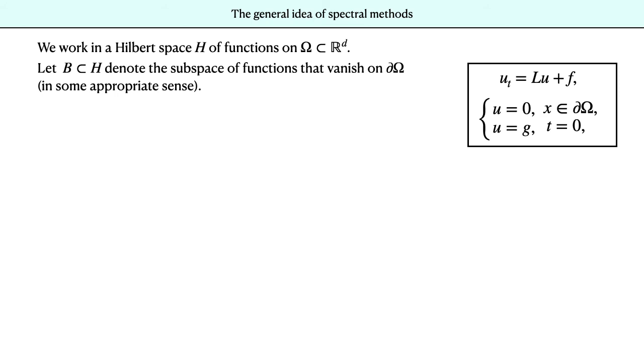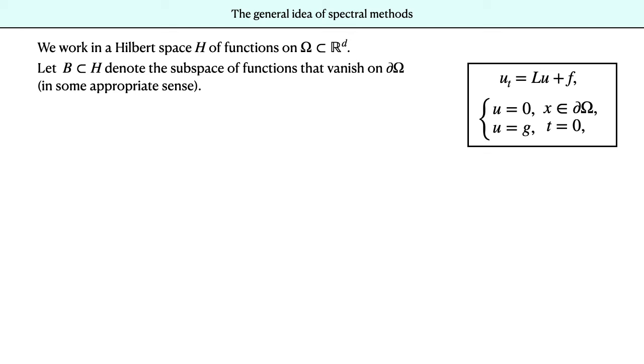Okay, so we have a problem of this form with homogeneous boundary conditions and an initial condition. We're going to be working in a Hilbert space. That is, we assume that our solution takes values in a Hilbert space H, which consists of functions on omega. It can be maybe square integrable or maybe a Sobolev space, but we assume it's a Hilbert space.